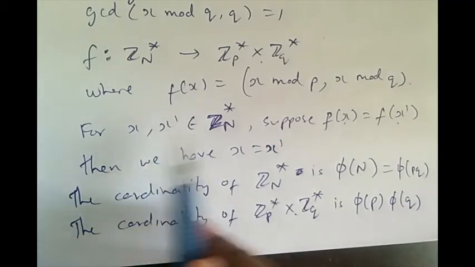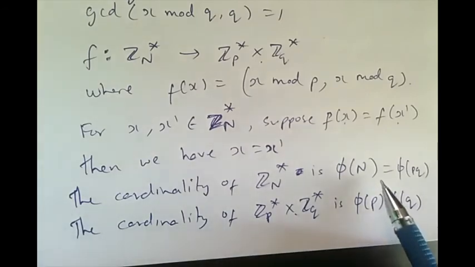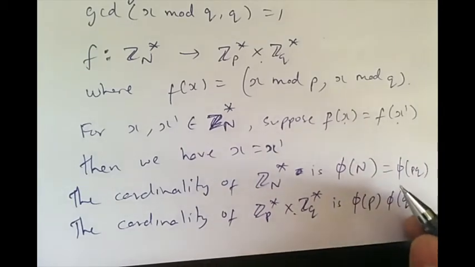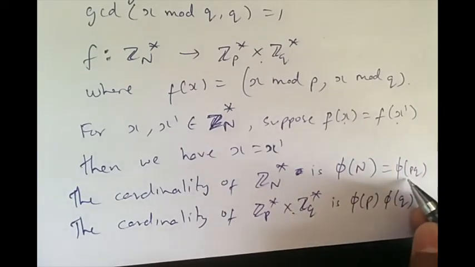So we have a function which is 1-to-1. If we could have argued that phi of pq is equal to phi of p times phi of q, then we would be done. As in the previous case, you have a 1-to-1 function where the domain and the codomain have the same cardinality, and by that it is onto, and we would say that f is a bijection. But we did discuss this result.